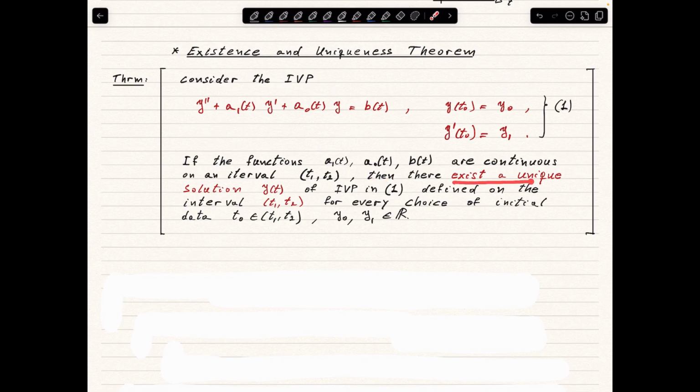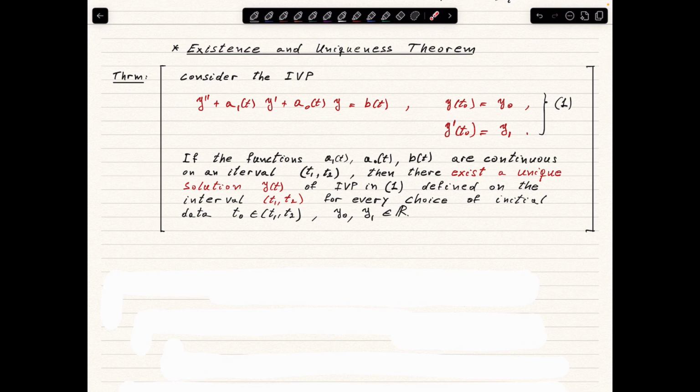Then there exists a unique solution y(t) of the initial value problem in 1, and the solution is defined on the same interval where the coefficients are well defined. And the solution is defined for any choice you like of the initial conditions and for any choice of the initial time, as long as this initial time belongs to that interval. So this is the existence and uniqueness theorem.